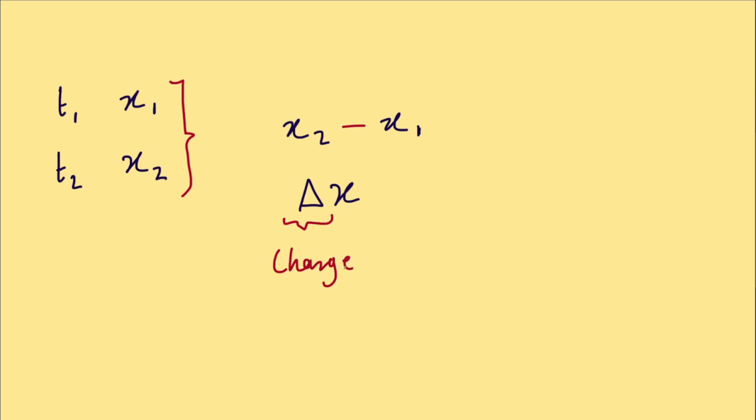Then the displacement of our object is x2 minus x1, the change in x. And we denote this in physics with the Greek symbol delta, delta x. And delta just means change in. This means change in x.